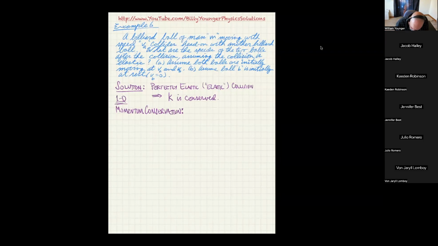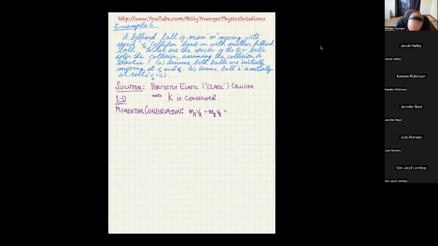Okay. So what I'm going to have is mass A has initial velocity VA plus mass B has initial velocity VB. And since it's one dimensional, the plus or minus signs that can appear in the actual symbols is sufficient to just specify direction.